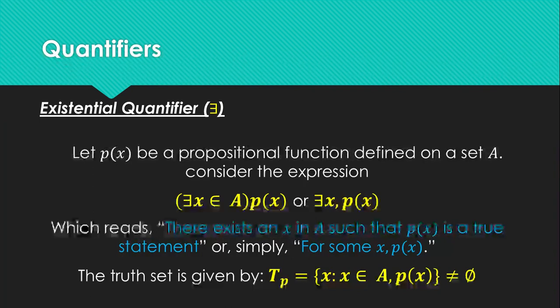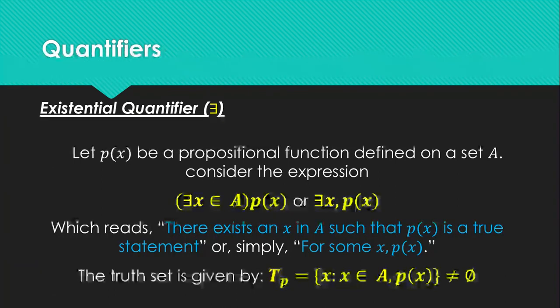There should exist a certain element in the given set that will make the given propositional function true. Say, for instance, we have the propositional function p of x on a given set A. This can be expressed with the existential quantifier, an E written in mirrored form.